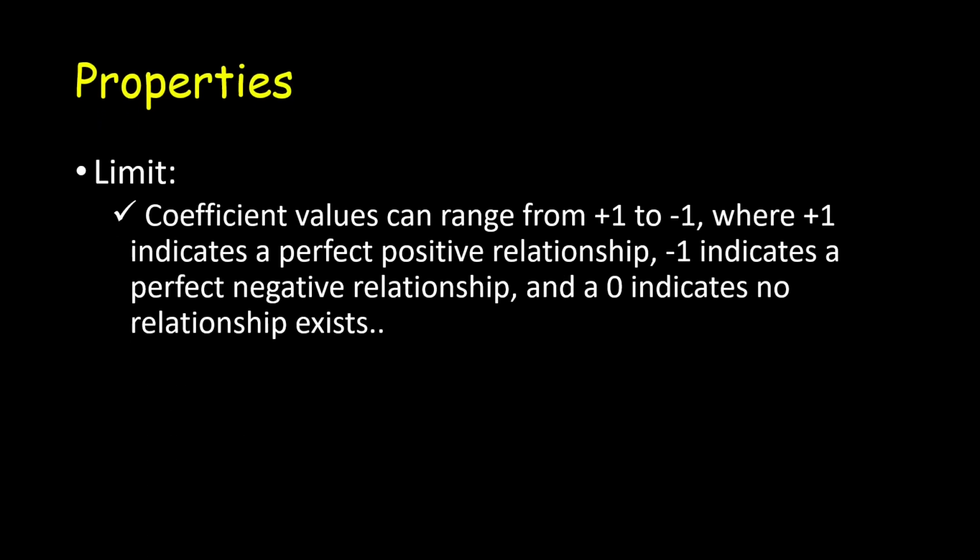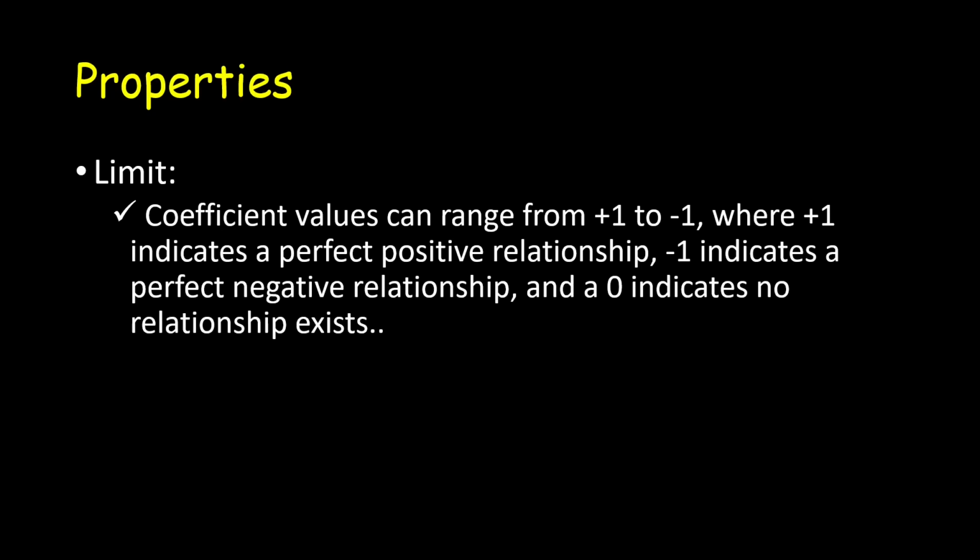Now some properties. The coefficient has a range. We have positive and negative in the graph, with four quadrants, and the range begins from +1 and ends at -1. In linear regression, we don't have a starting point or an end point; it goes up to infinity.